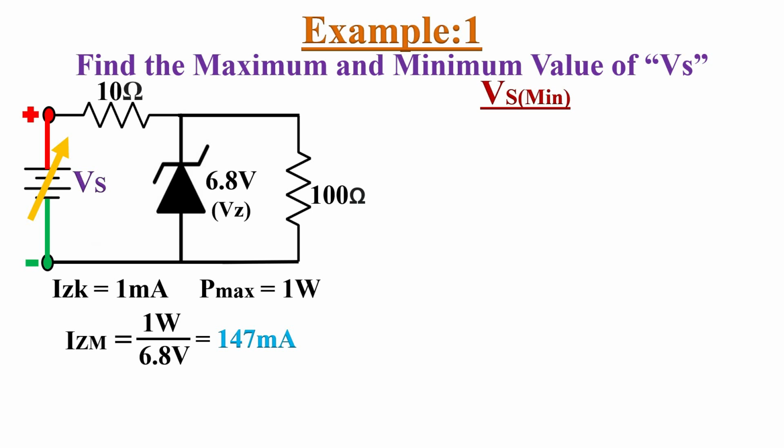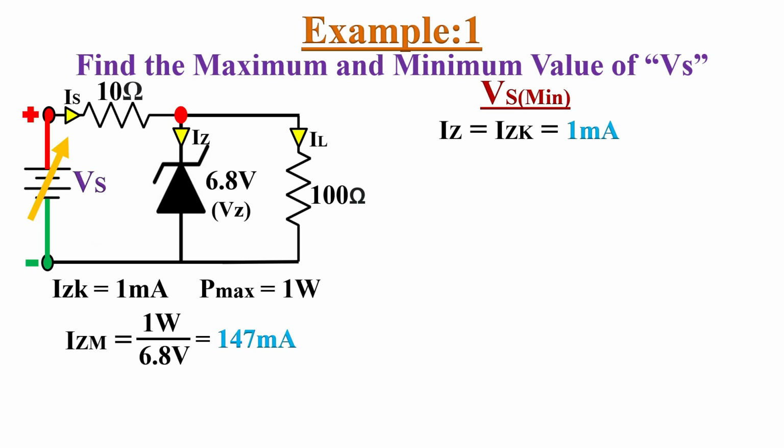In the minimum case, Zener current Iz equals the knee current, or minimum current, that is 1 milliampere, and source current is flowing through this 10 ohm series resistor. At this branch, some current flows through the Zener diode and some current flows through the load resistor.